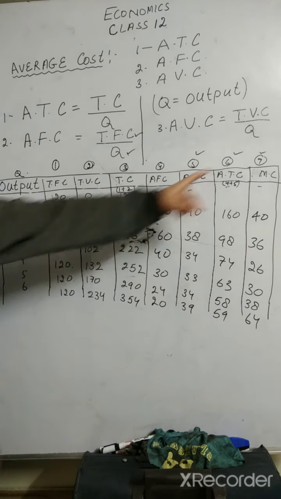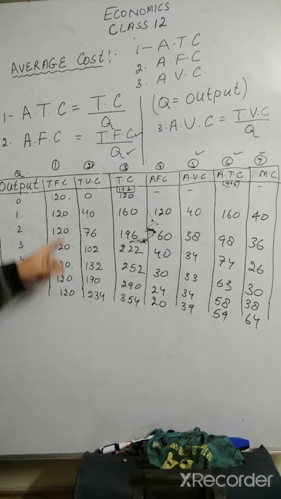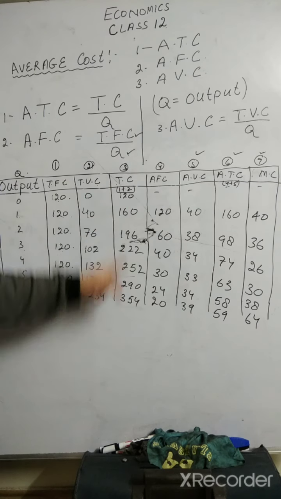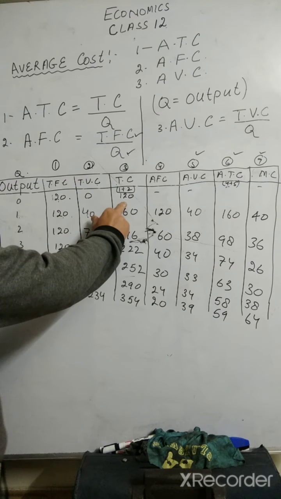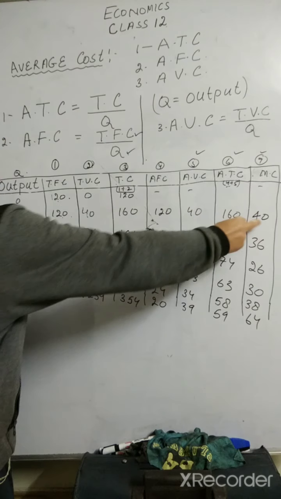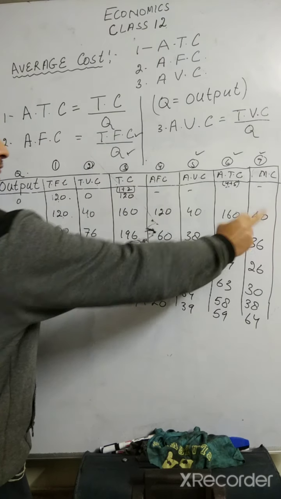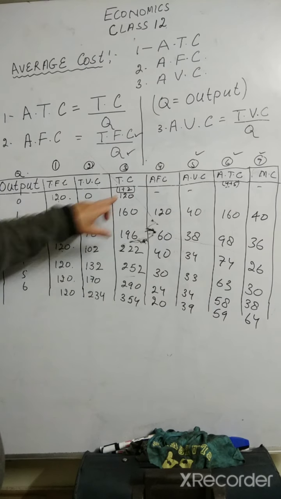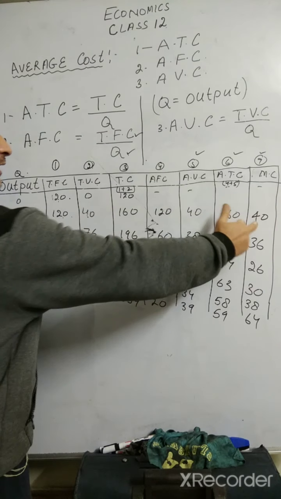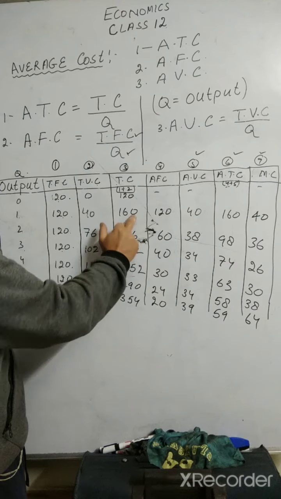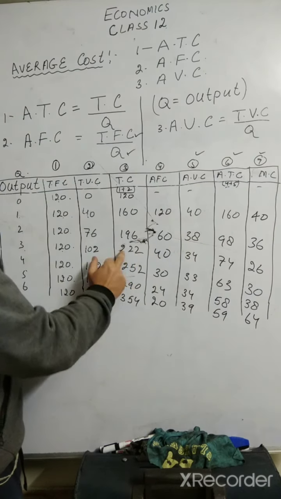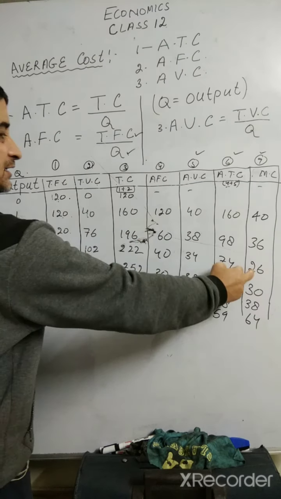You can calculate marginal cost taking total cost also. This is total cost. For first, there won't be any marginal cost. For second, 160 minus 120. This is 40. For third, 196 minus 160, 36. 222 minus 196, 26.